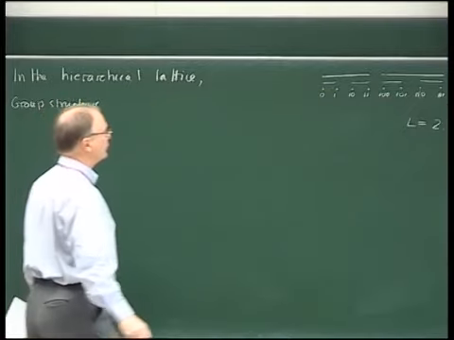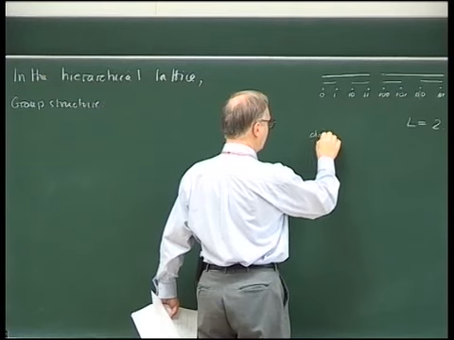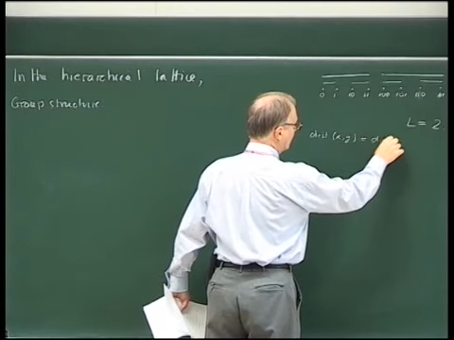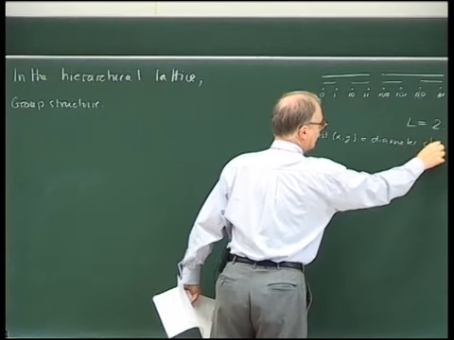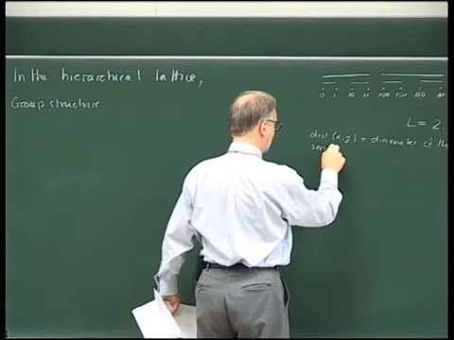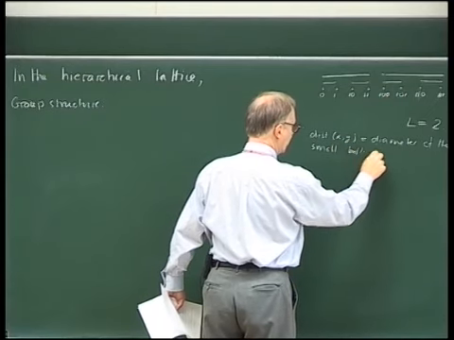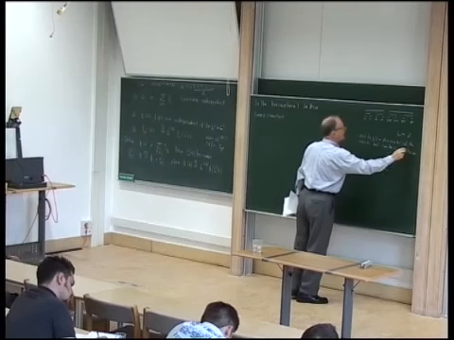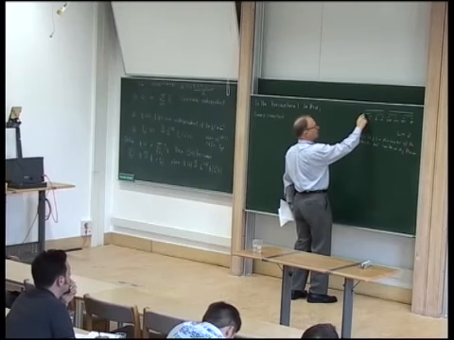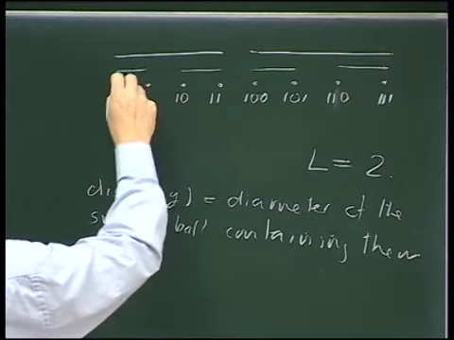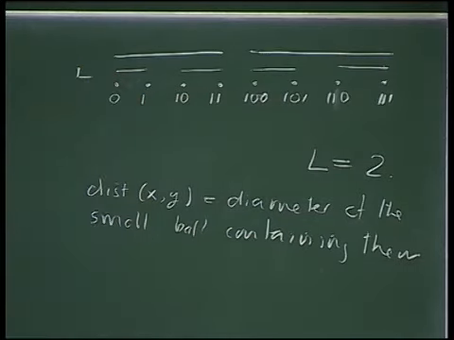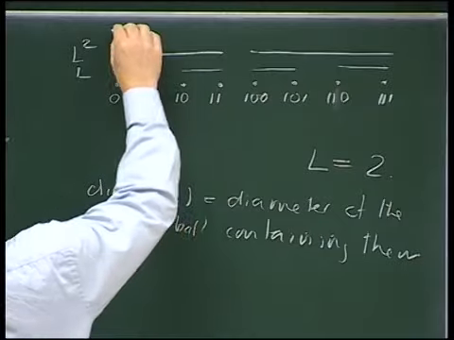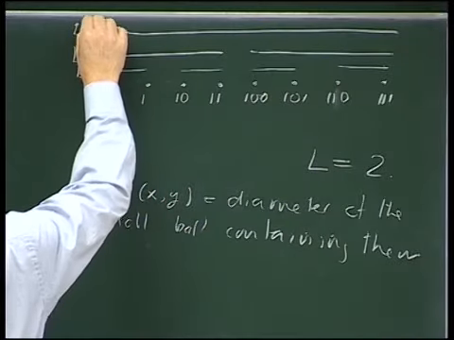And the distance, just to remind you, between 2 points is the diameter of the smallest ball containing them. And to show you how to get those diameters, these balls are all of diameter L, and these ones here are all of diameter L squared, and the one above would be an L cubed ball.